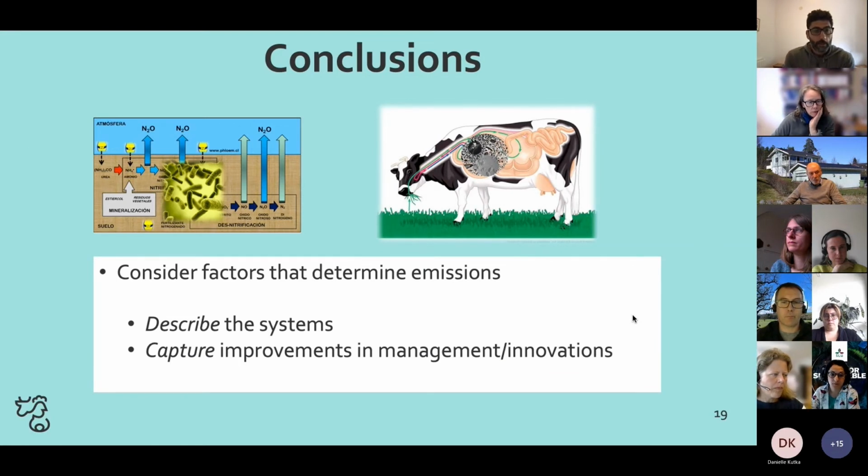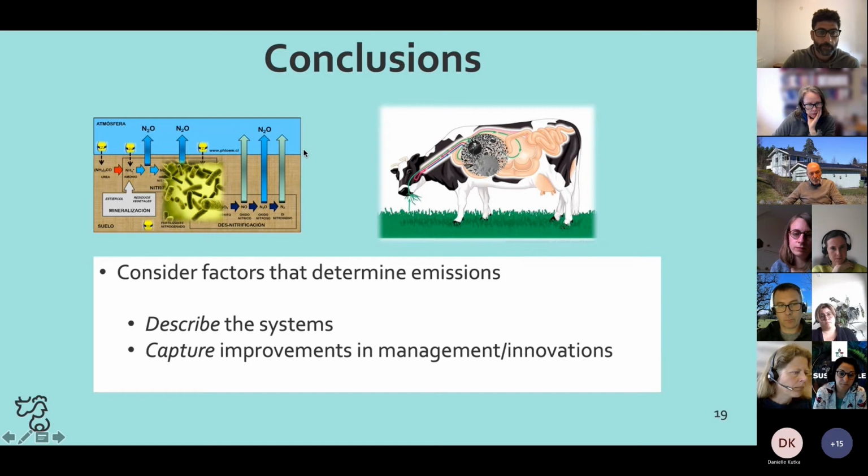So very, very quickly, 2 main conclusions. Basically, the different sources of emissions have biology, or in this case, microbiology behind them that explains how these emissions are produced, and there are different environmental factors that need to be considered to really understand better how these emissions occur and how we can quantify them.